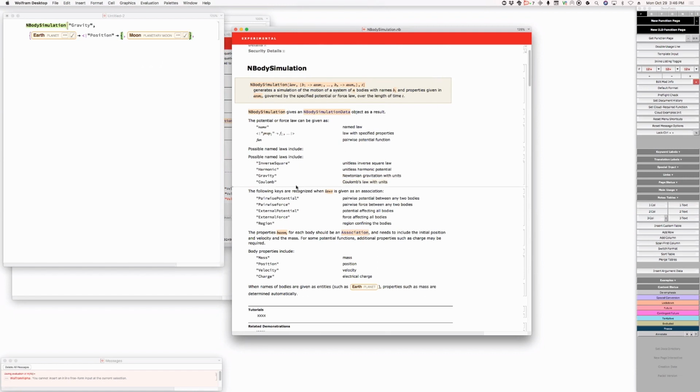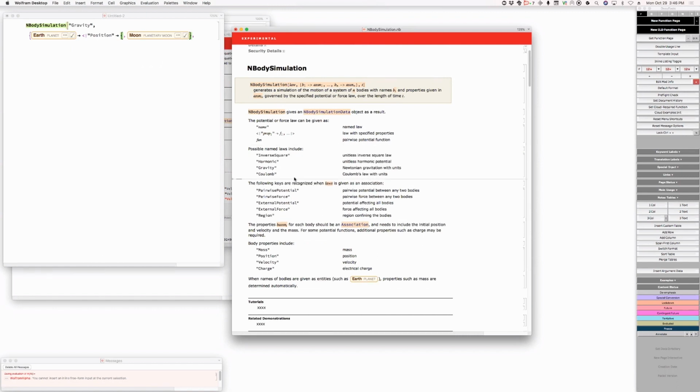Okay. Now, with physical units. You say physical units? I think that's reasonable. Is there still time to change this to Newtonian?